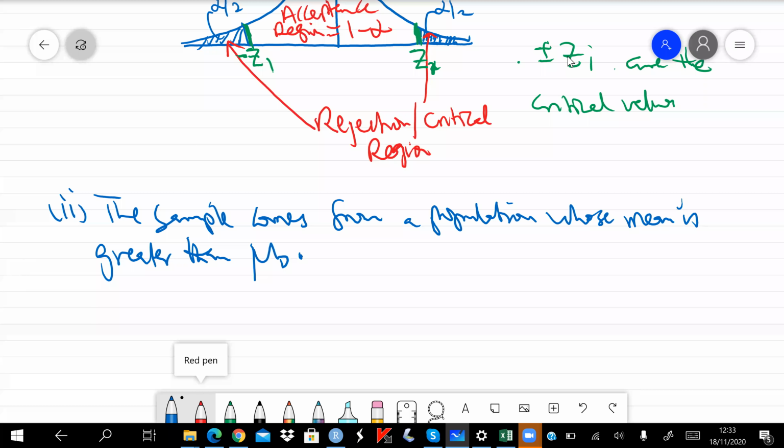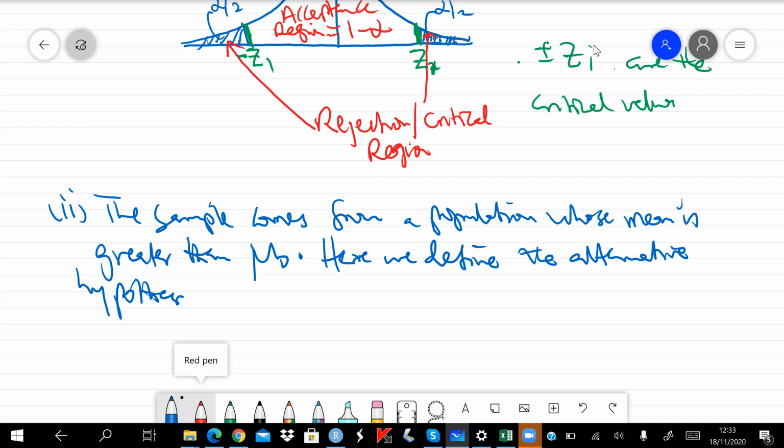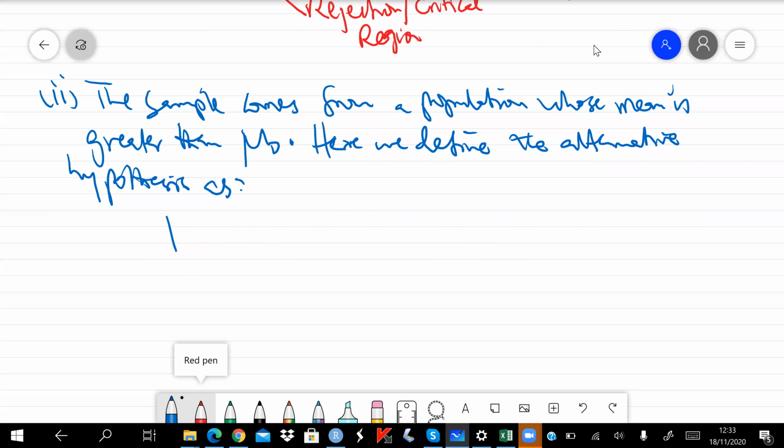We say that here we define the alternative hypothesis as H1 such that mu is bigger than mu naught. For instance, in our earlier example illustration, we can talk about H1 such that mu is bigger than 21.